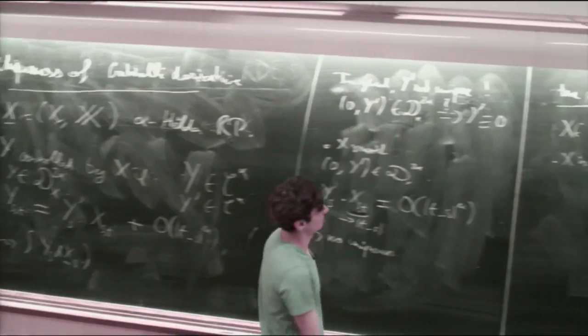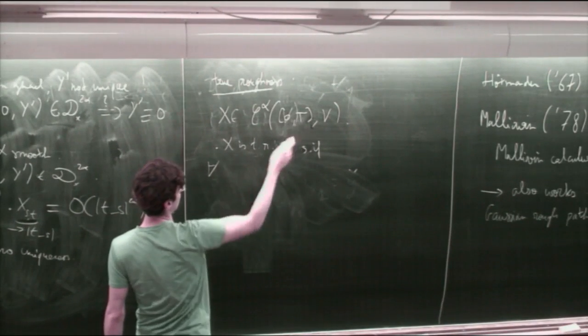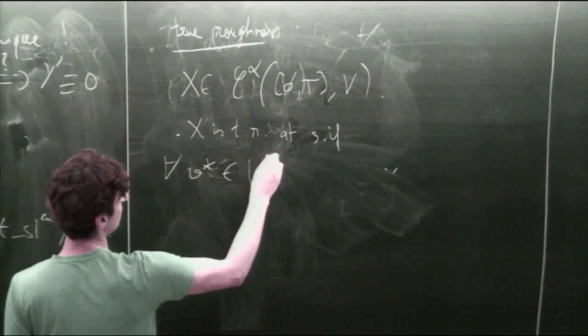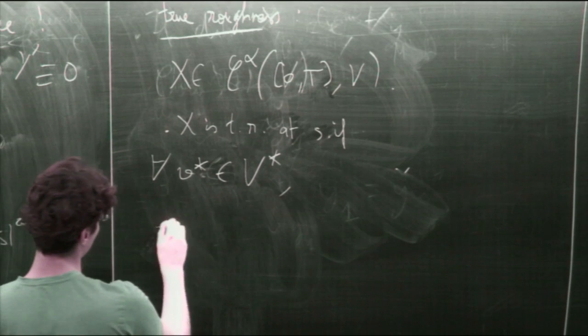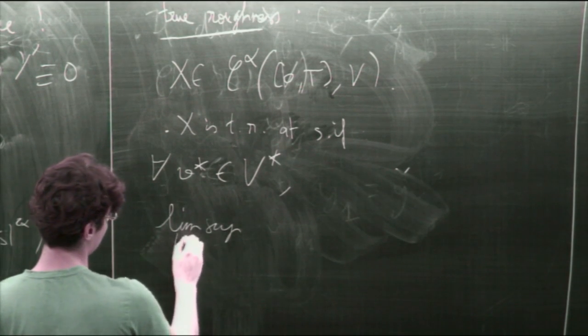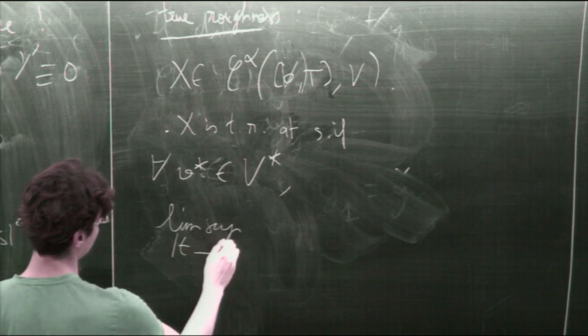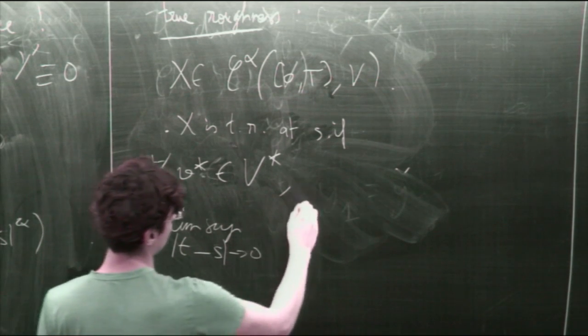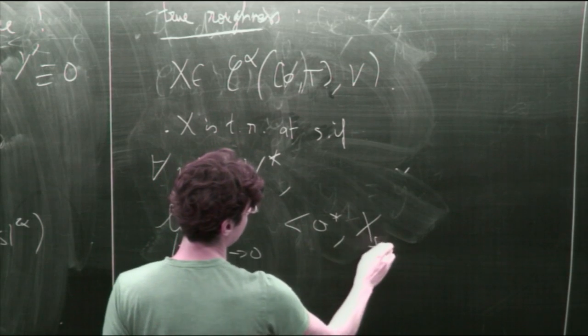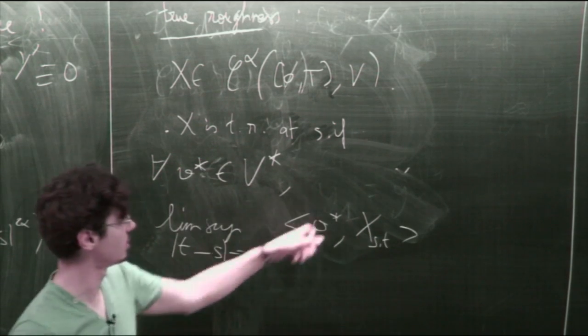So you take any v star, any linear form on V, and you look at the lim sup, for points t which are close to s, of the increments tested against this linear form.